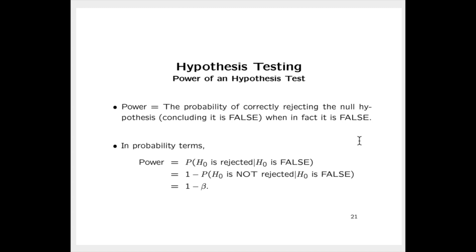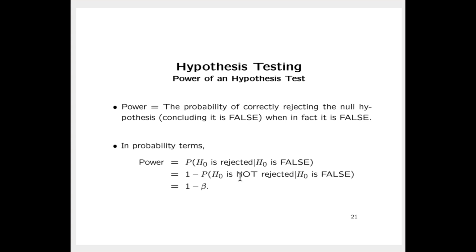Now, in terms of notation, power is this conditional probability of rejecting the null hypothesis given or when the null hypothesis is false. And by the complement rule, that is equal to 1 minus the probability of not rejecting the null hypothesis when the null hypothesis is false.